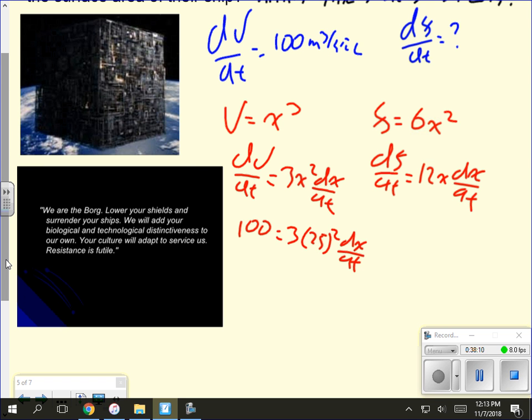He's trying to solve for dx/dt. So it'd be 12 one more, that's not. So you end up getting 4 over 75 is equal to dx/dt.